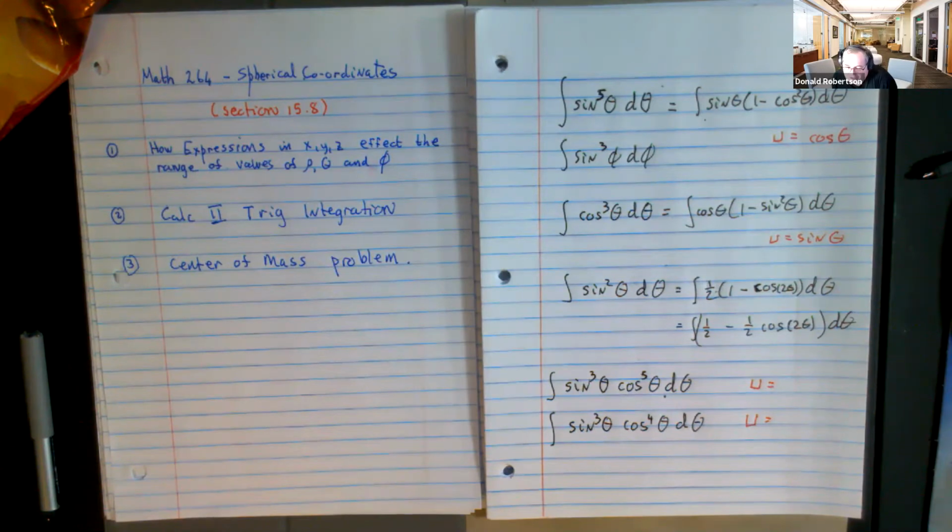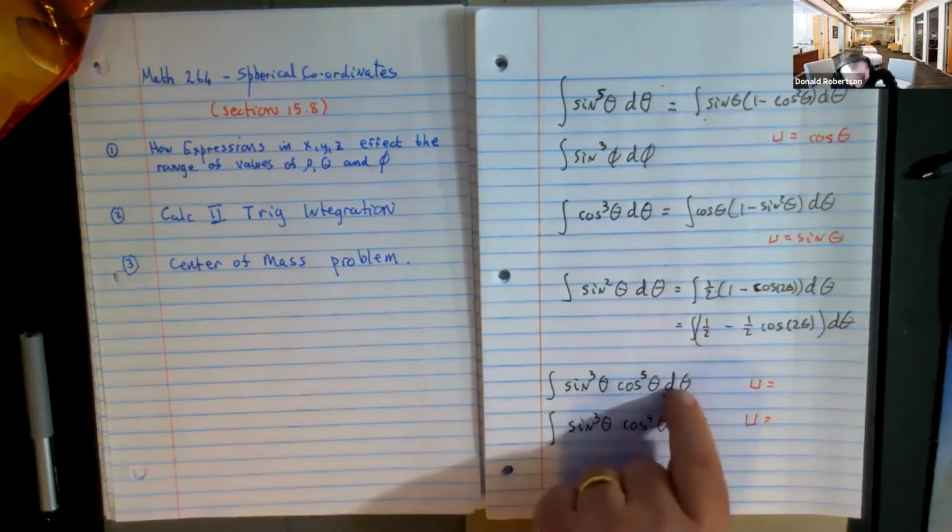So what your decision has to be is which is the best U sub to use. In some questions, it really doesn't matter, although it'll take you a lot longer if you go one road than if you went the other. And in some circumstances, it matters a lot because it doesn't work if you pick the other one.